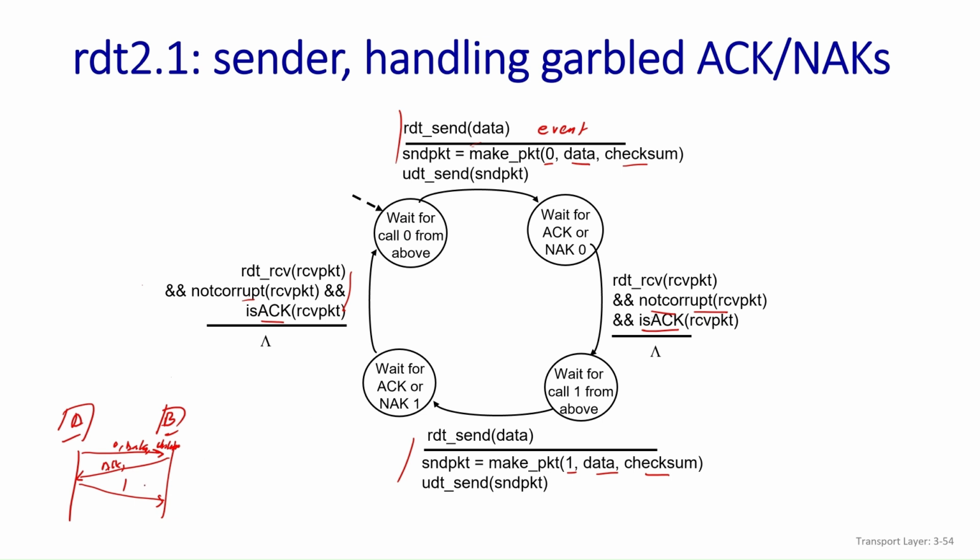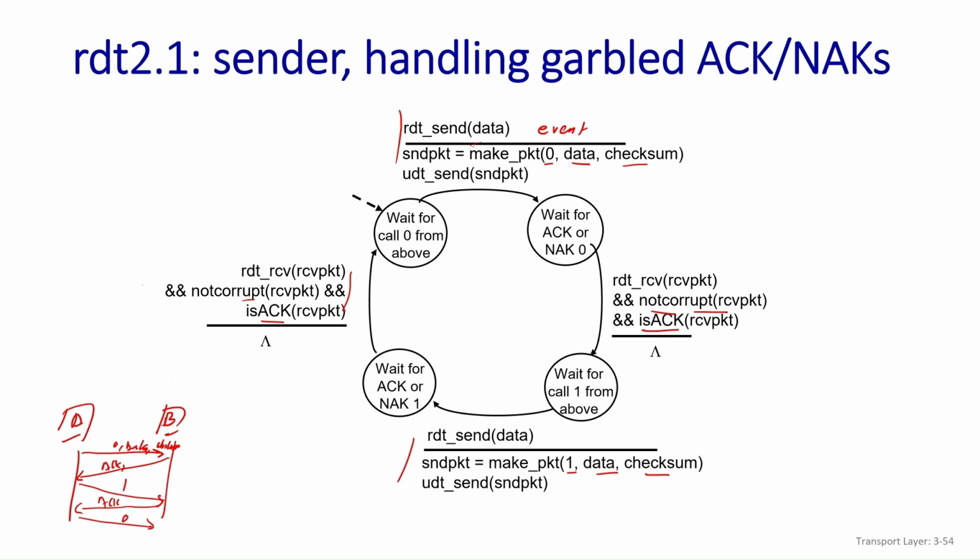This means if it receives a packet that is an acknowledgement and is not corrupt, then we can proceed to send the next sequence number zero. But what about the abnormal events?